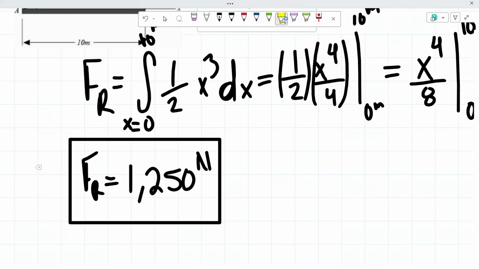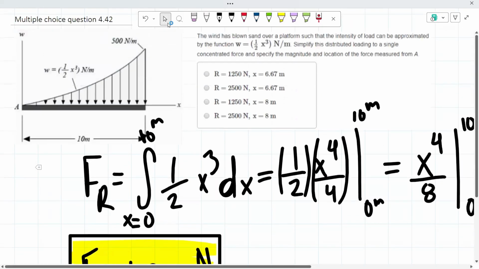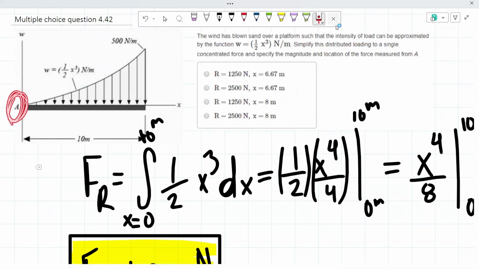Now the second step would be determining the location, or how far it is from point A, because it says to find the location of the force measured from A. So we have our A right here. Now we just have to determine how far it is from that location.